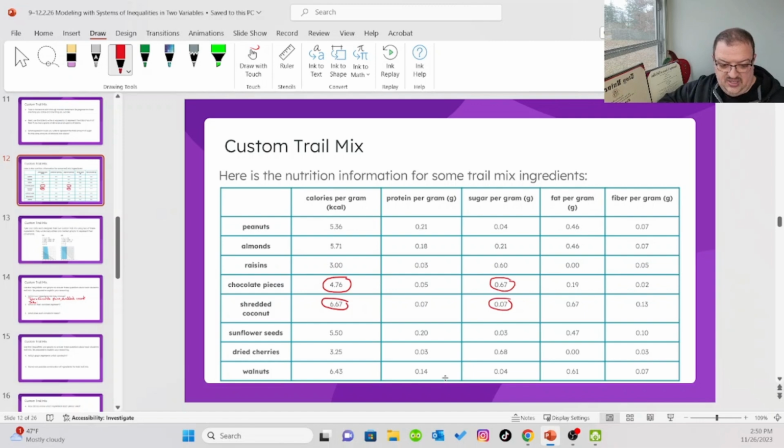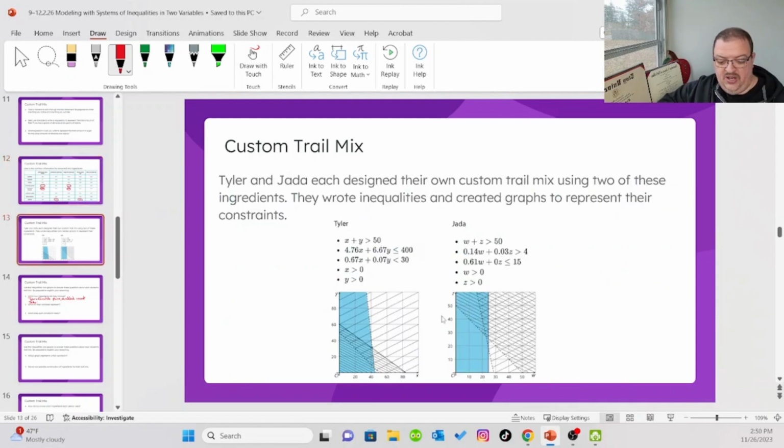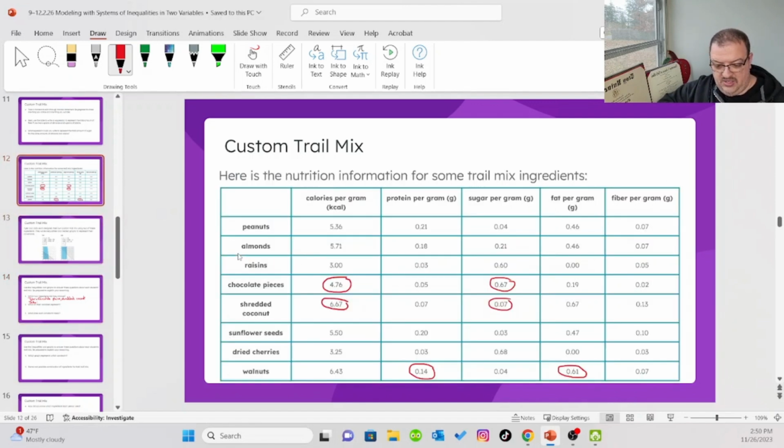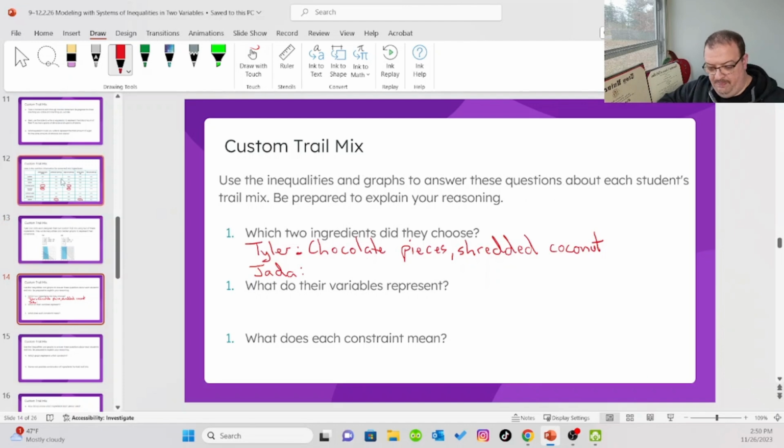I notice that combination right here with walnuts, 0.14 and 0.61. So we know that Jada chose walnuts.